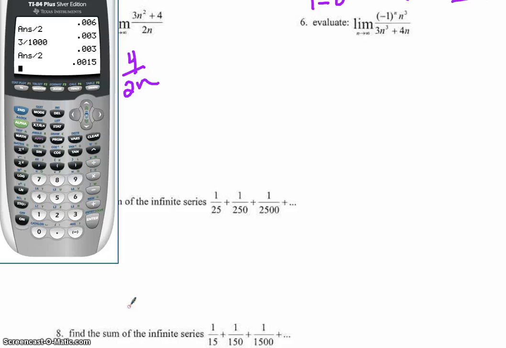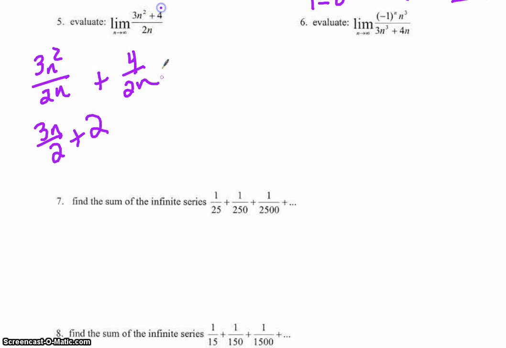But all along, when you're looking at it, it's just getting bigger because of this right here, and we have 3 halves. So this one actually has no limit. It just gets bigger, therefore there is no limit.